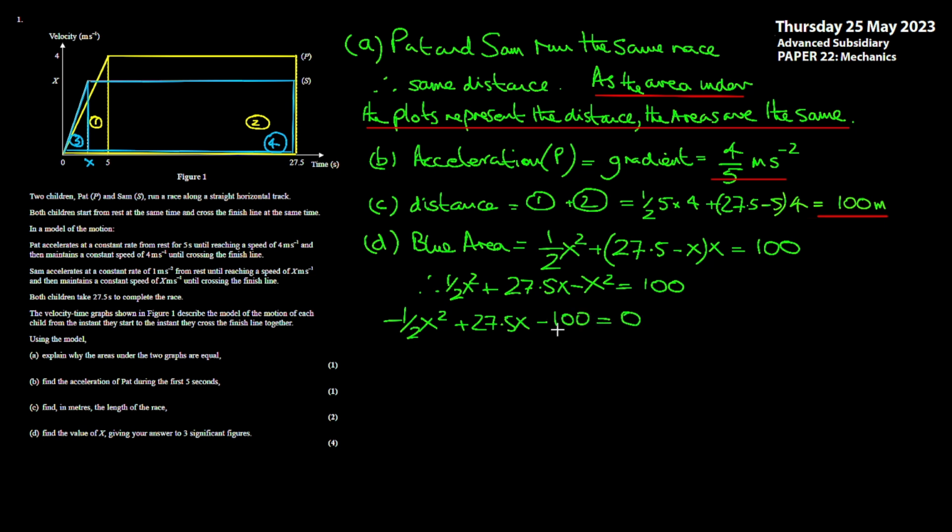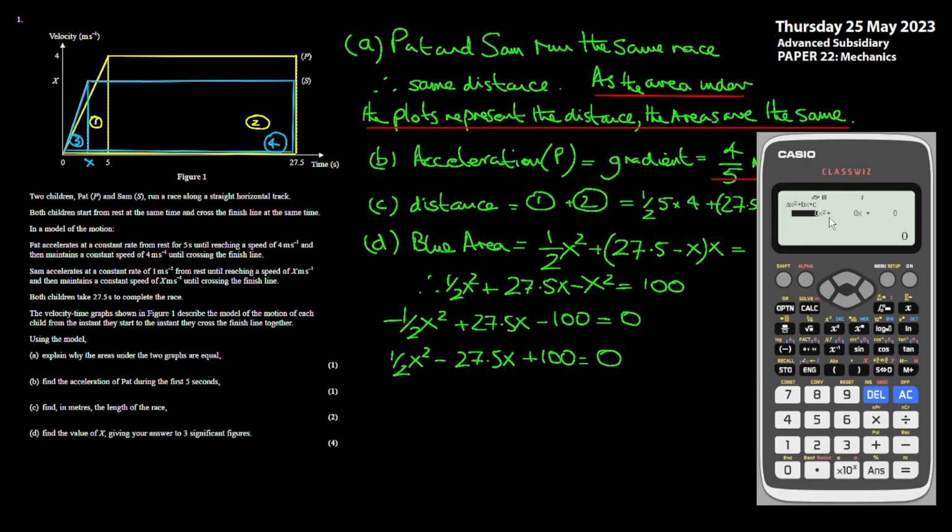If we swap all the signs, I've got a half x squared minus 27.5x plus 100 equals 0. And I've got my calculator set up to solve a quadratic. First coefficient is 0.5. This is negative 27.5, and we've got 100 as the number term.